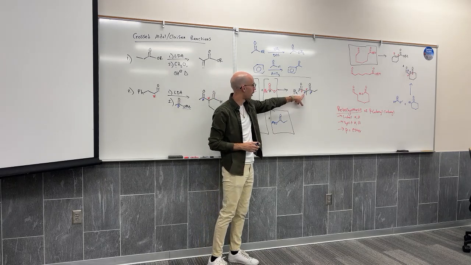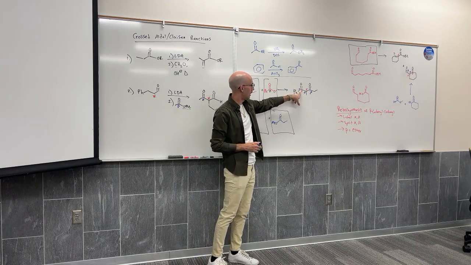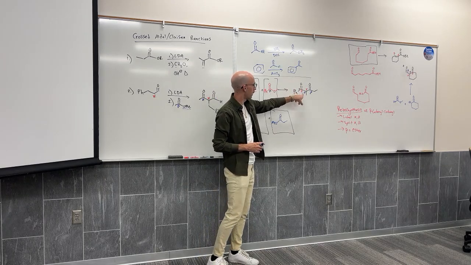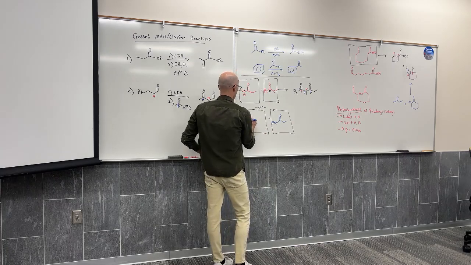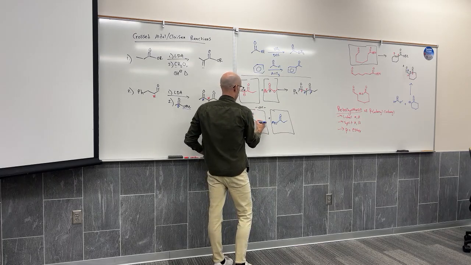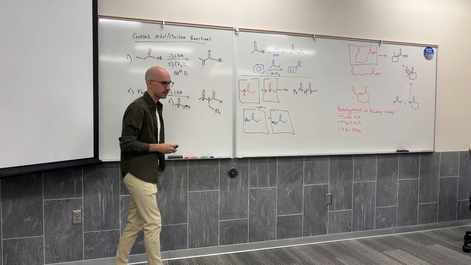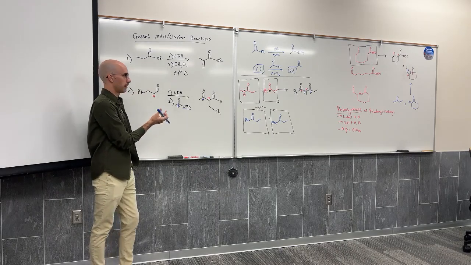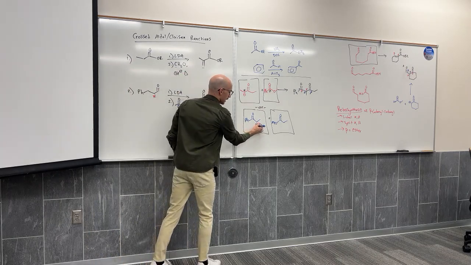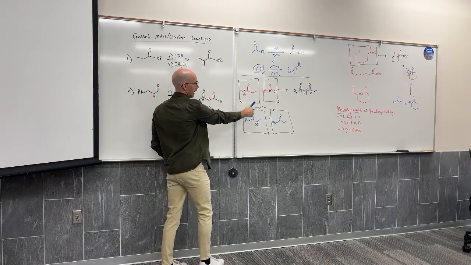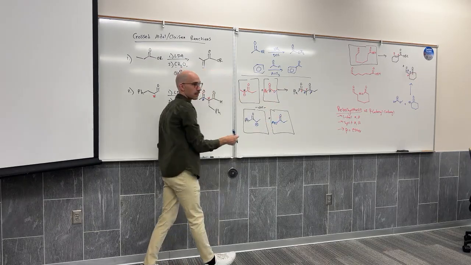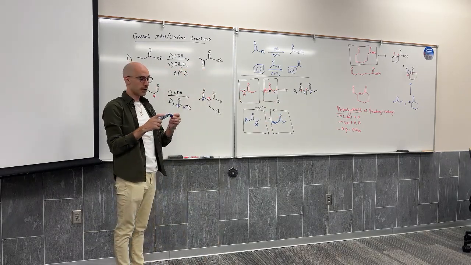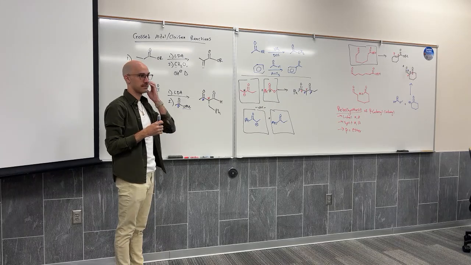Alpha carbon gets one hydrogen back, and this is just whatever carbonyl is left there. The reagents are similar to each other. I've got this enolate, and I've got this ester. But the nature of them is very different.